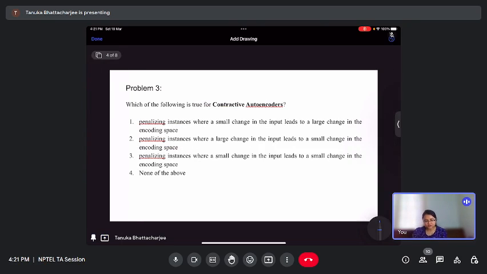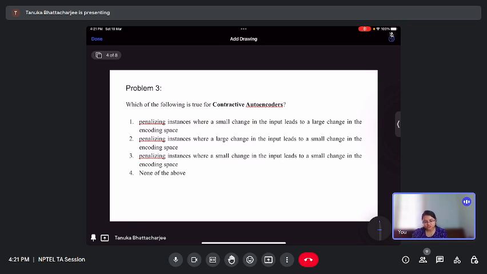Now let us look into contractive autoencoders. We have to again say which of the following is true for contractive autoencoders. Any answer from anyone? Three options are there, actually four.